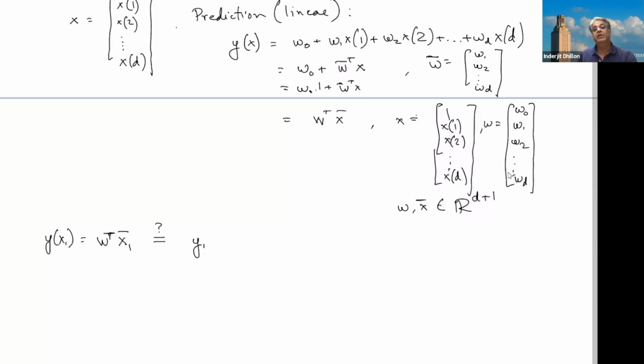And n is in the millions. Then I only have 10 or 11 parameters, right? If I count W naught, then it's 11 parameters, right? And I have a million values to predict. So there is no way typically that you will be able to get exact equality, right?